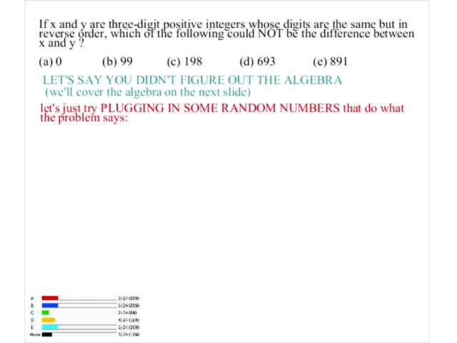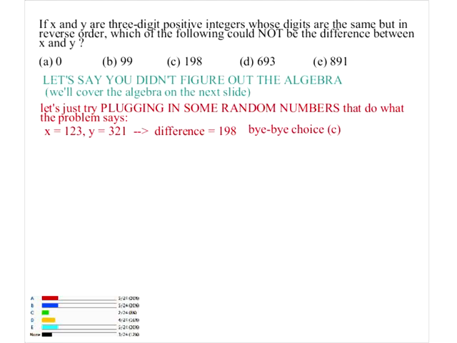Let's say x is 123 and y equals 321. The difference is 198. So there goes C. Let's try the ones that are in the window. X equals 122, y equals 221.